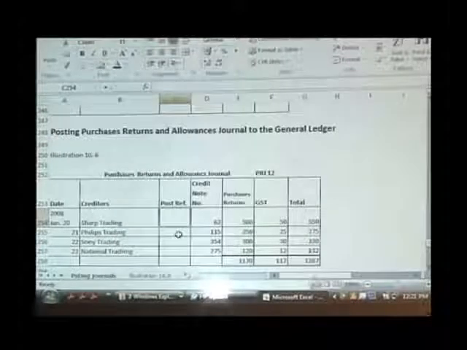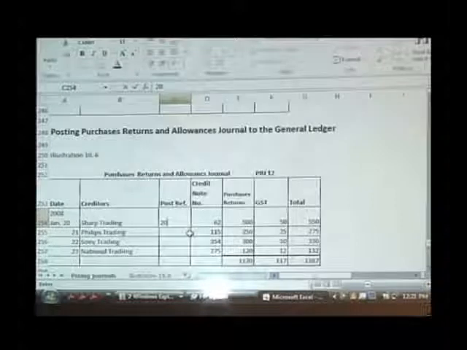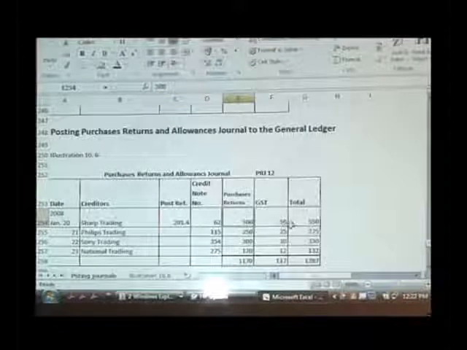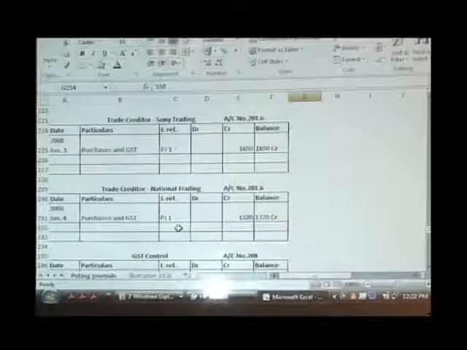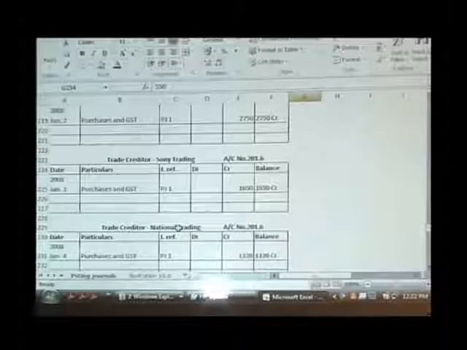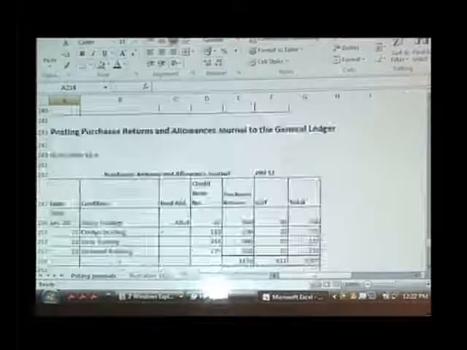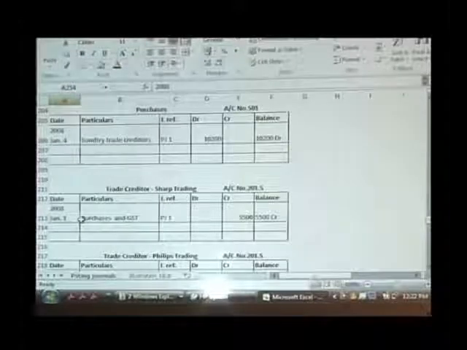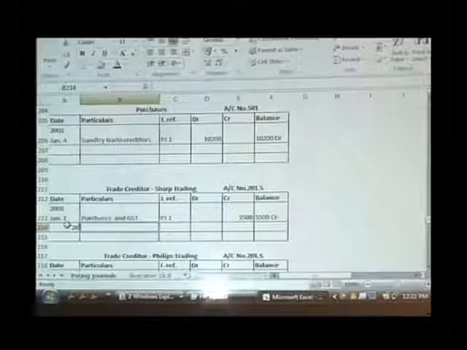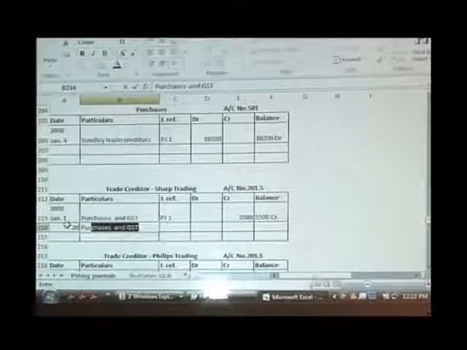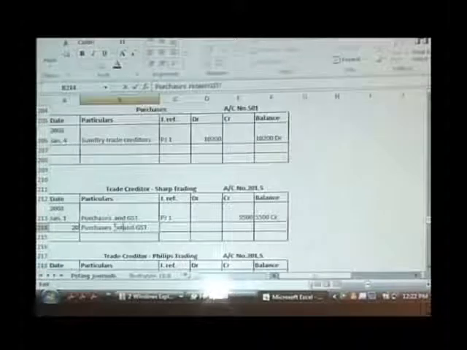Okay, Sharp trading. Account number 201.4, amount 550, date 20th January, then purchases returns and GST.